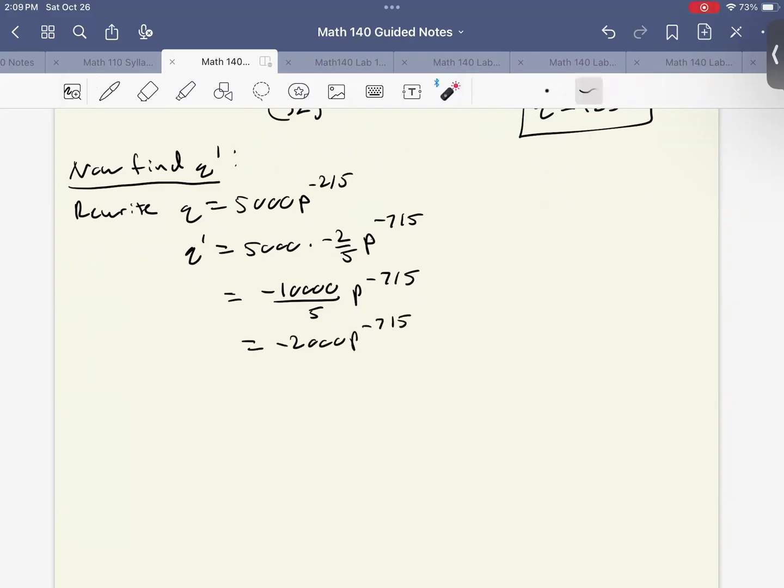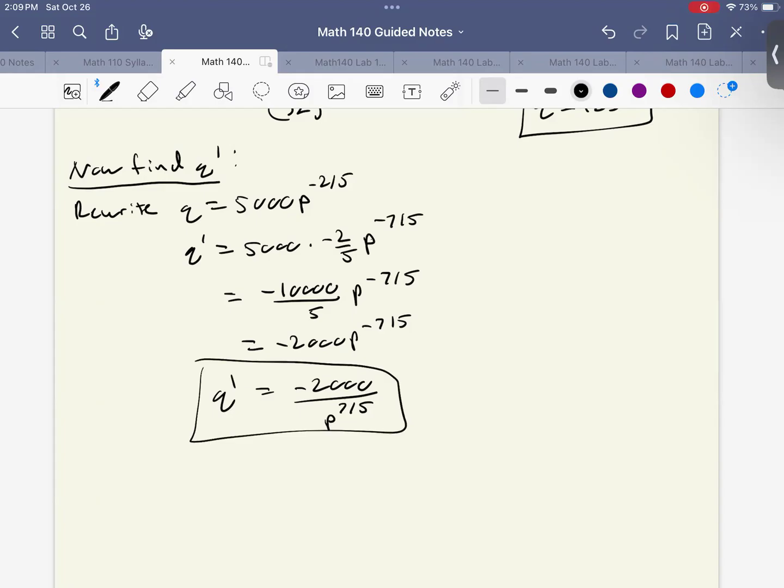And then just for calculation purposes, I'm going to bring this guy back down and make it a positive exponent. So it should be P to the 7/5 on the bottom. So negative 2,000 over P to the 7/5. So that's my Q prime.